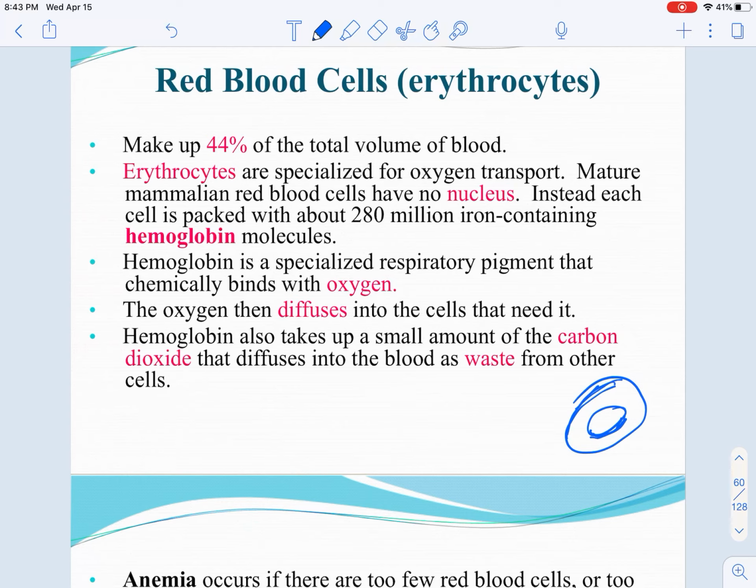It's just the way it's structured, and it has no nucleus, so that it has more space in there to carry, like the whole cell can carry a whole lot of oxygen. And if you're wondering, without a nucleus, how can it reproduce? It specifically doesn't reproduce, but in the bones, in the bone marrow, there are stem cells that will be able to make red blood cells and reproduce them.